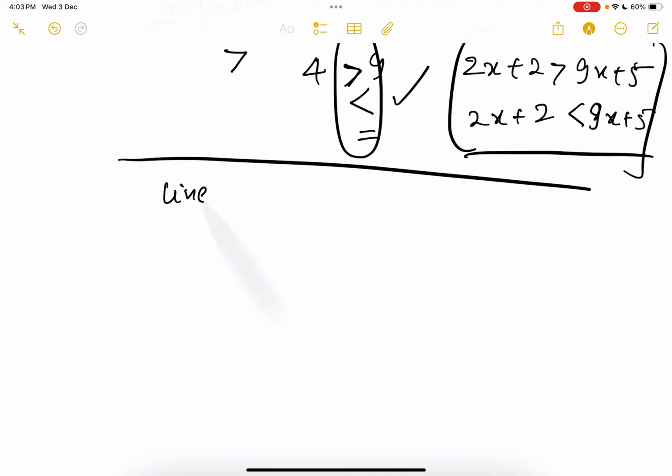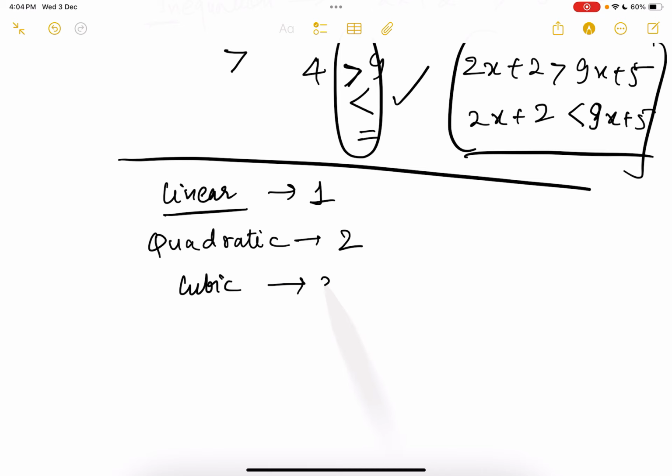Linear is because the power of the variable will be 1. Linear means 1, quadratic means 2, cubic means 3.